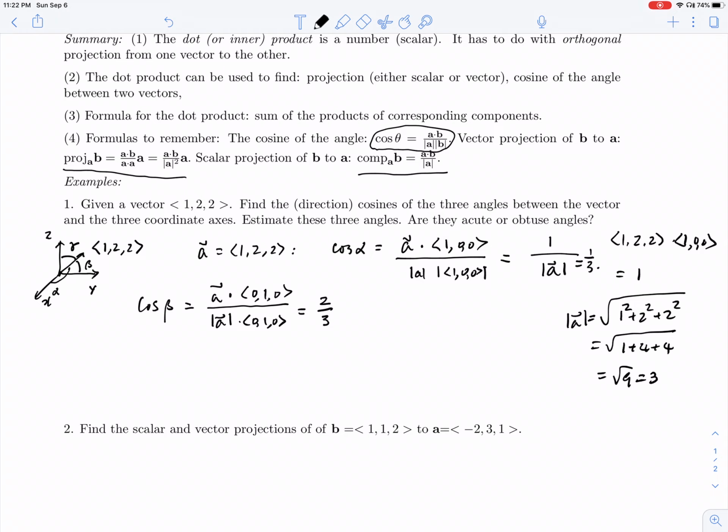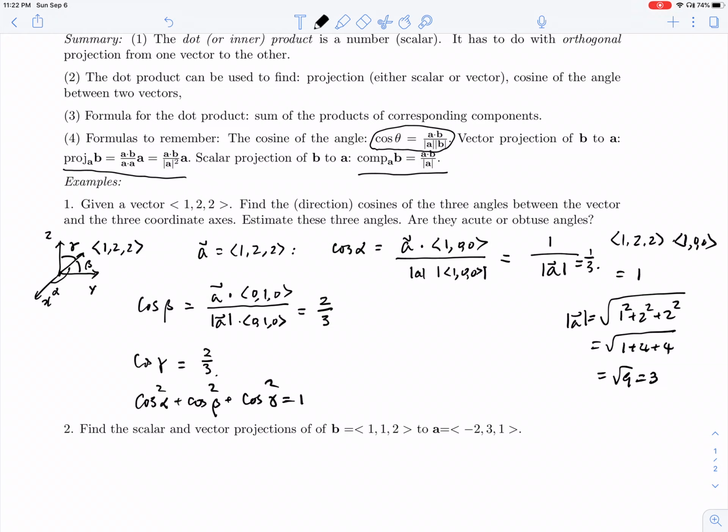And cosine gamma is going to be, again, the same thing, 2/3. In fact, we know that cosine alpha squared plus cosine beta squared plus cosine gamma squared is always going to be 1.